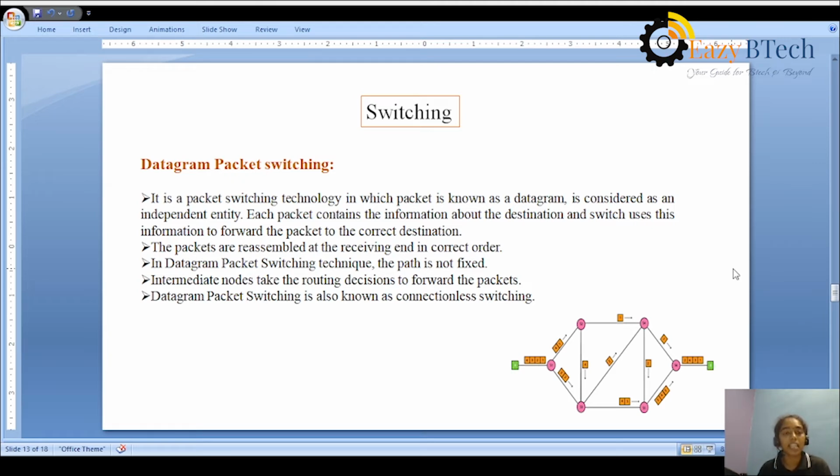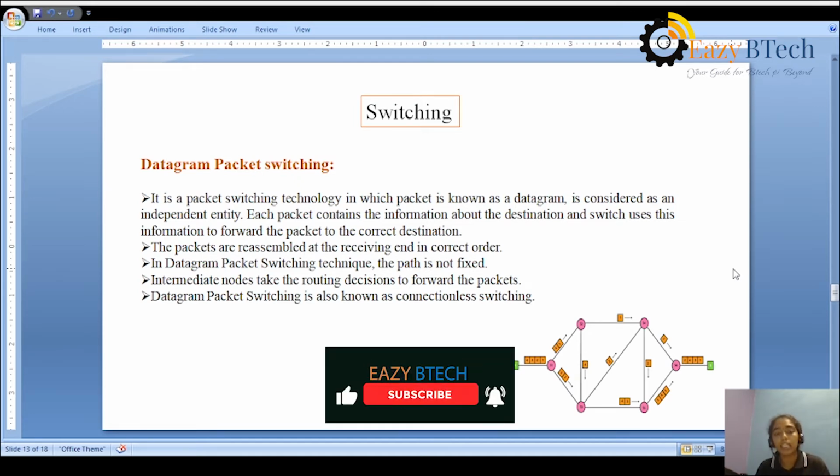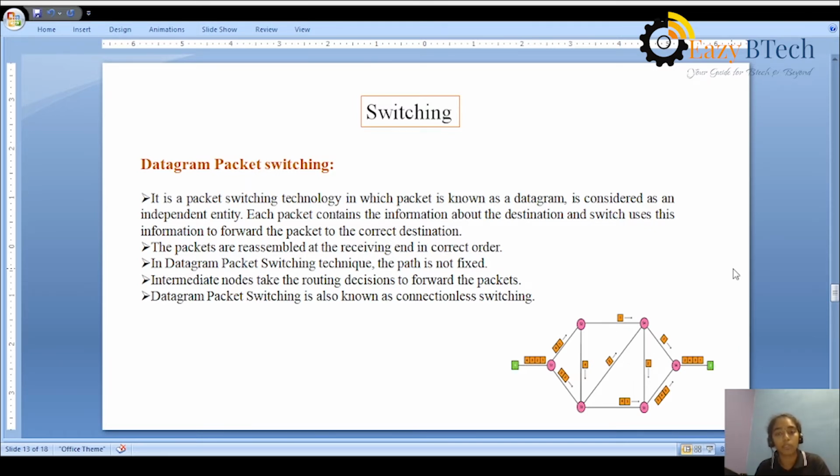A datagram is an independent entity, so it does not depend on the other packets. Each packet contains a source address, destination address, and sequence number, as I already discussed. This is a connectionless switching.